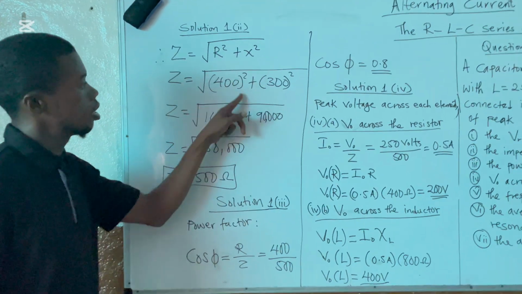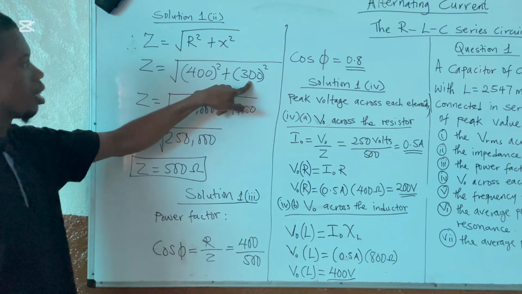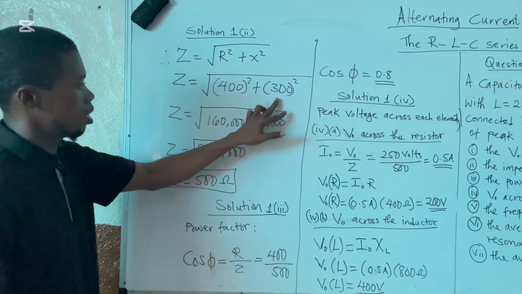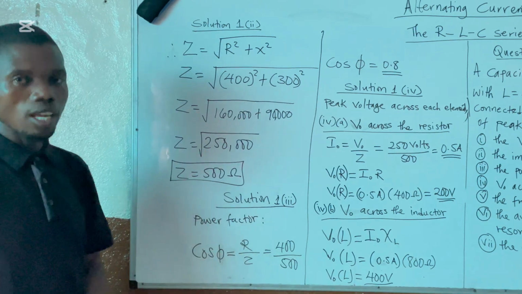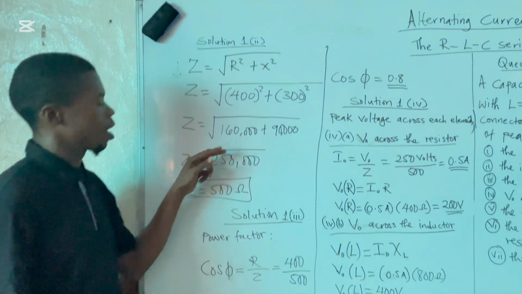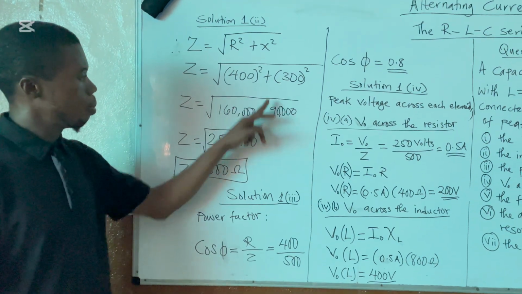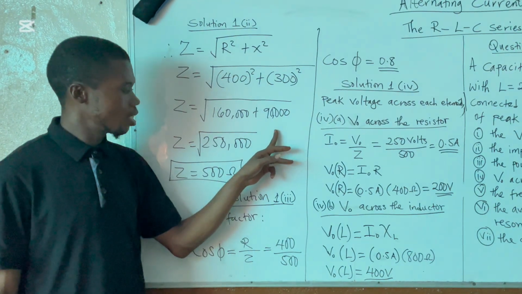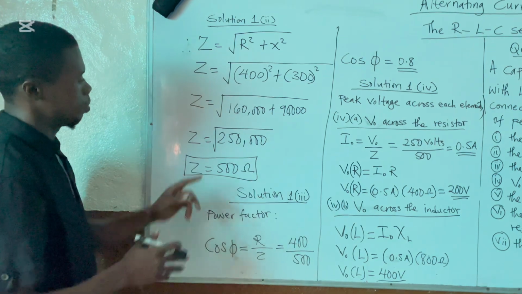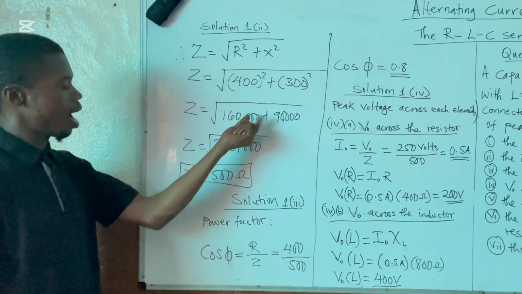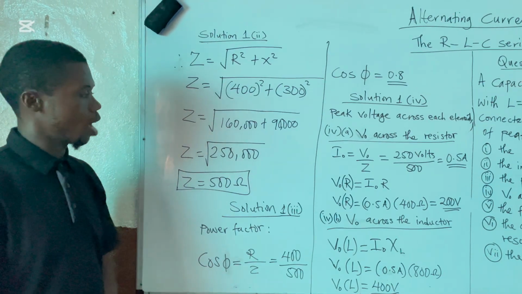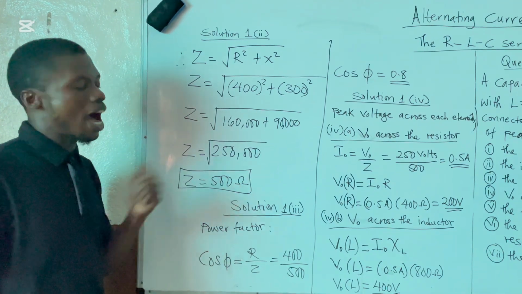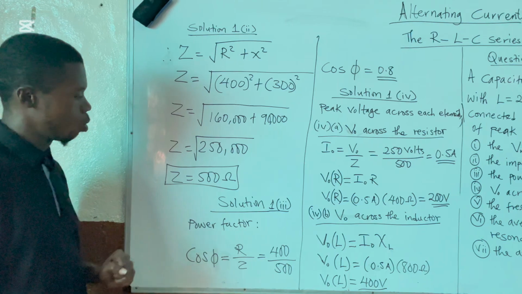We square it, plus the difference between the inductive reactance and the capacitive reactance, which is 300, and we square that. If we square 400, we get 160,000, plus we square 300, which gives us 90,000. We add the two together, put it under the square root, and we get 250,000. The square root of 250,000 is 500 ohms.